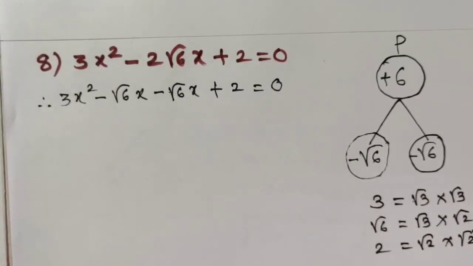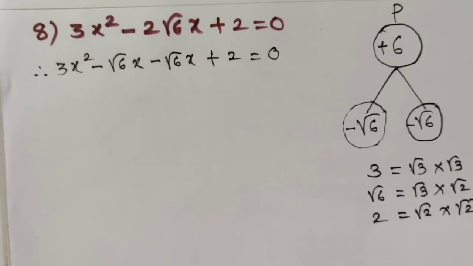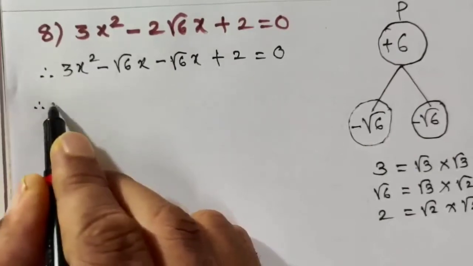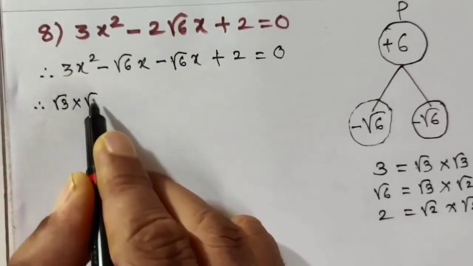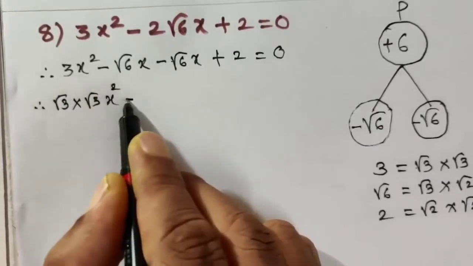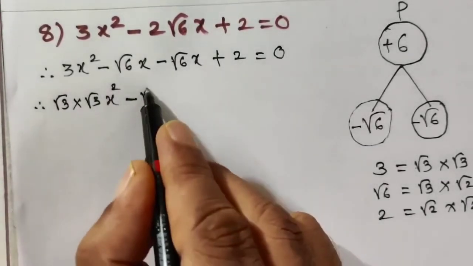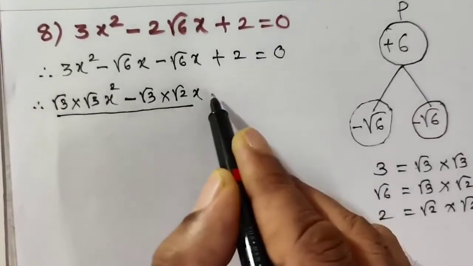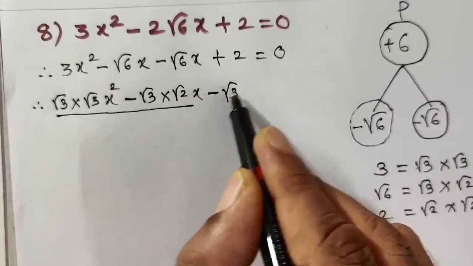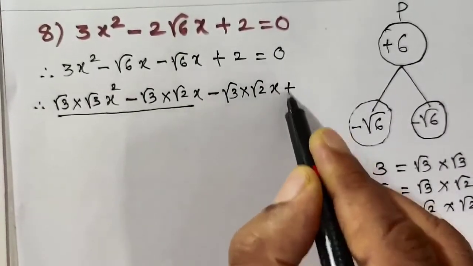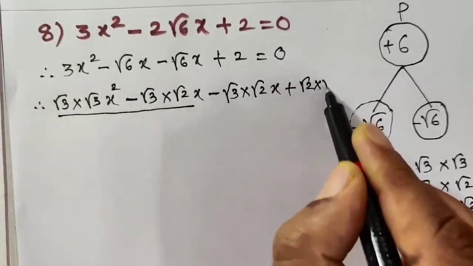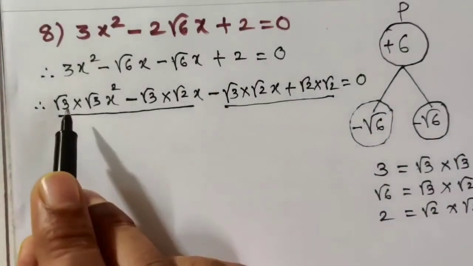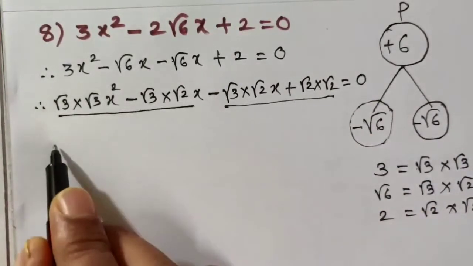In 9th standard we studied surds, so we have to use this. So root 3 into root 3 x square minus root 3 into root 2x is the first pair, minus root 3 into root 2x plus root 2 into root 2 is equal to 0. This is the second pair. Find the common factor. Here root 3 is one of the common factors.